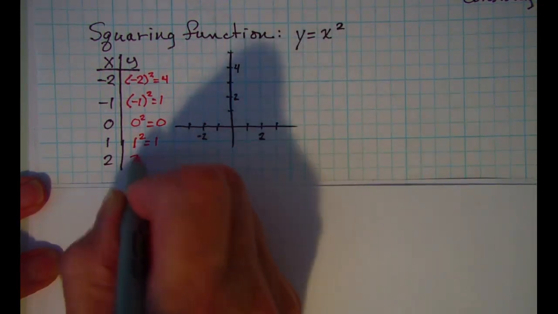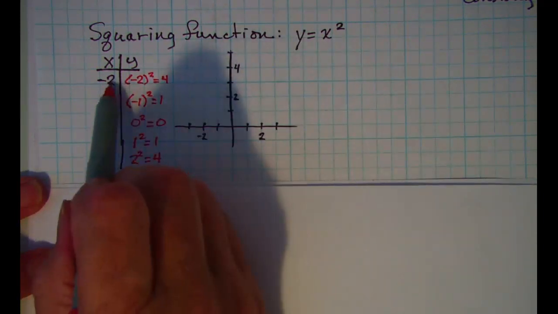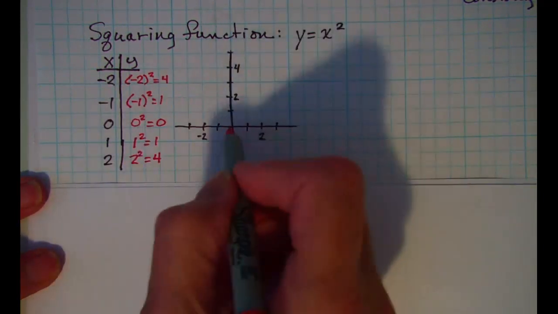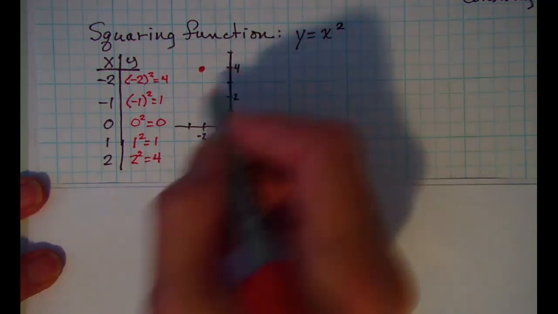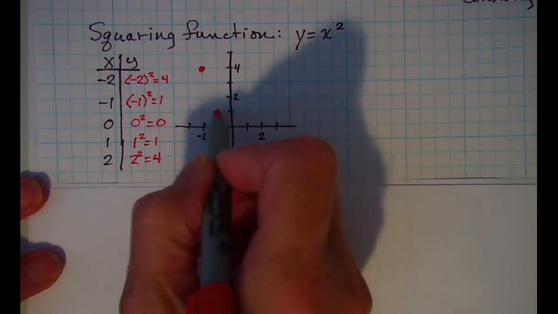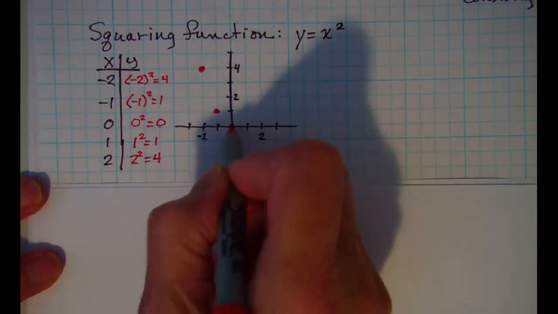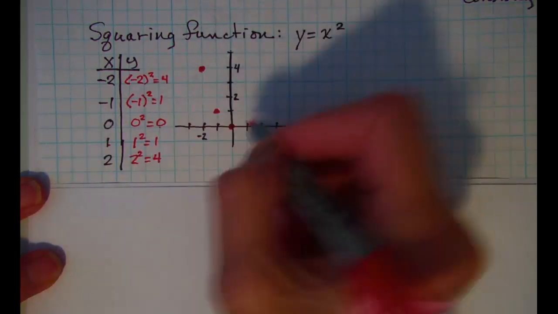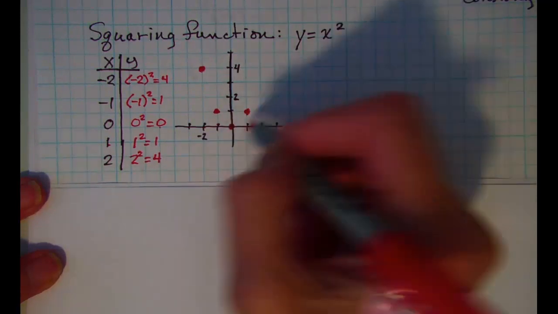And 2 squared is 4. So if I plot -2, 4, the point is there. -1, 1, 0, 0, 1, 1, and 2, 4.